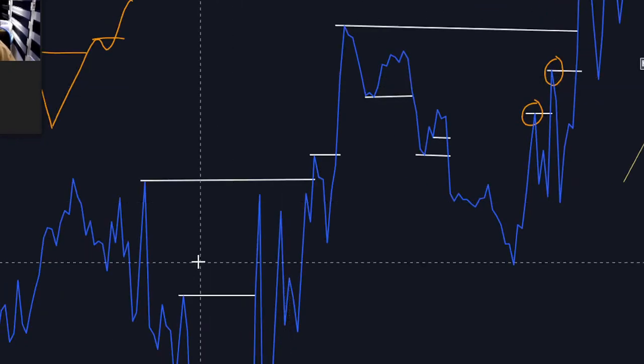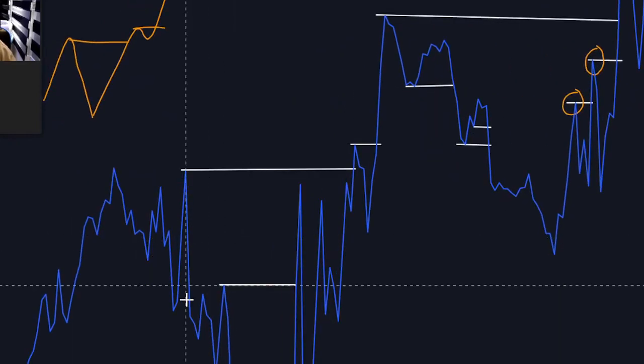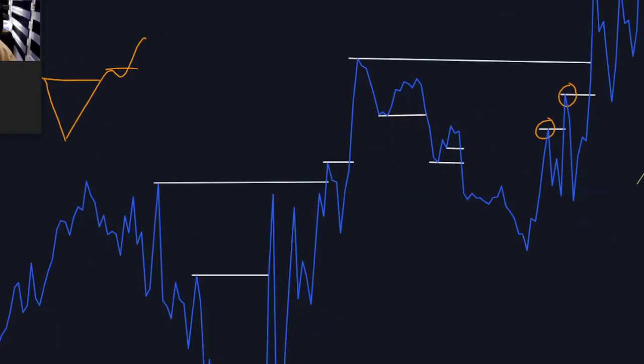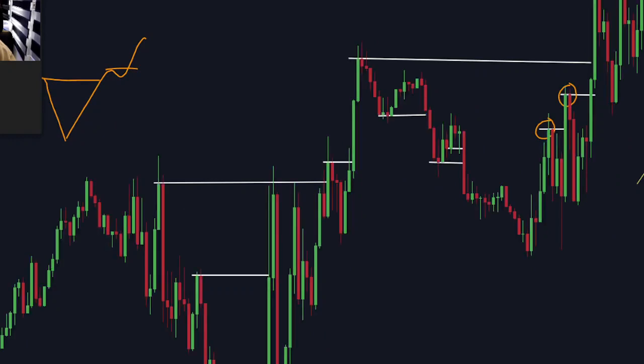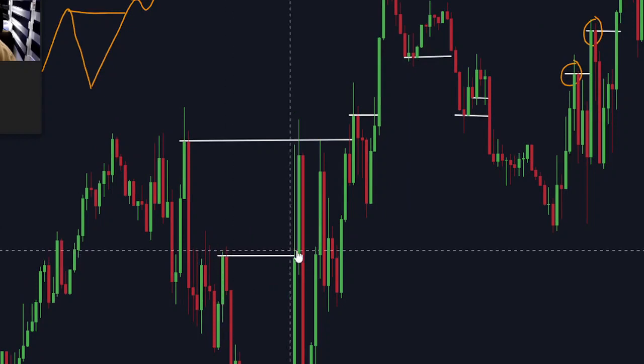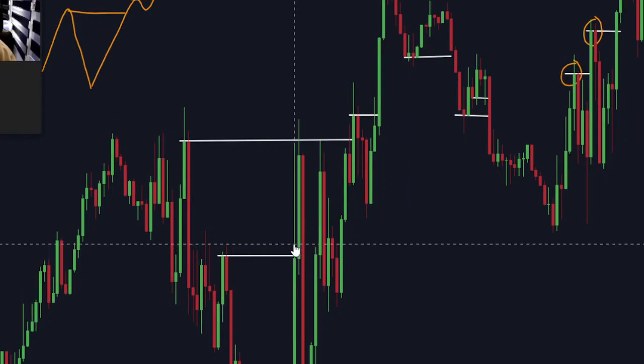If we turn to the normal candlesticks, you're going to see the candles and the spots where we marked. Can you see? This wick did not break the high. It was this candle that broke the high.